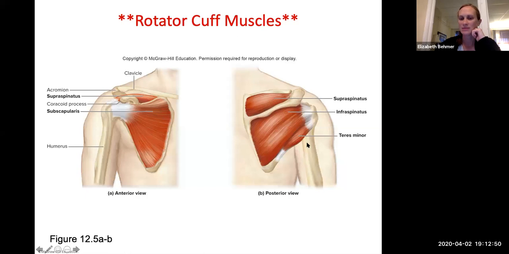The rotator cuff muscles don't include your teres major. The teres minor muscle is further below your teres major. And an easy way to remember your teres major muscle is you'll see it kind of dive underneath your triceps and disappear. But these are the 4 rotator cuff muscles.